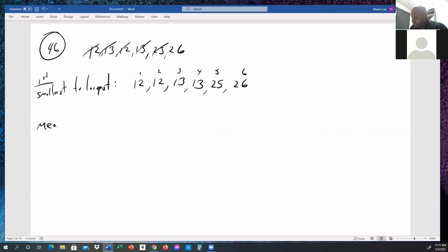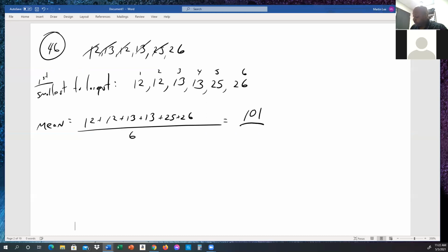Okay, to find the mean, we're going to take the average. So we're going to add up each number and divide by the number of numbers, which is 6. 12 plus 12 plus 13 plus 13 plus 25 plus 26 gives us 101, divided by 6 is 16.833, which is not the answer in the answer key.